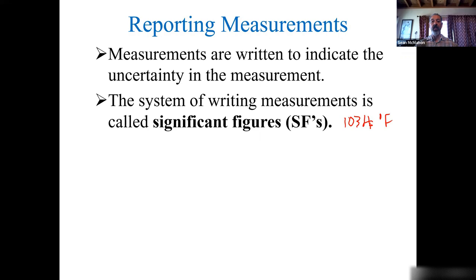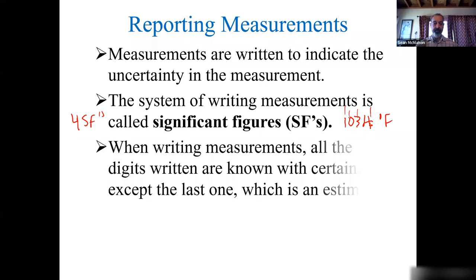So what does that mean? Our measurement had 4 sig figs. Why? There's 4 numbers here, all the way to the tenths. So I have the hundreds, the tens, the ones, and the tenths. That's 4 digits, 4 significant figures.